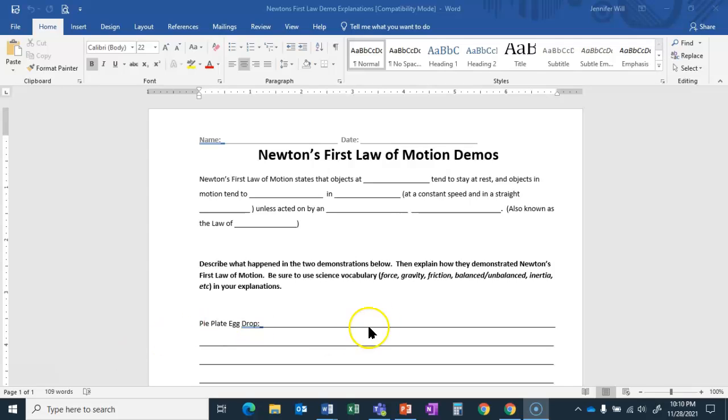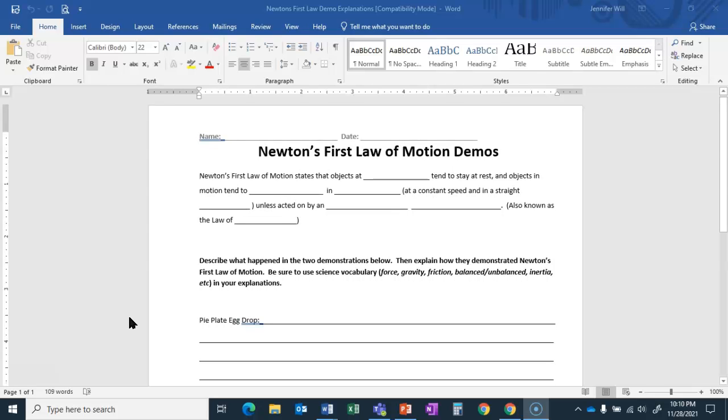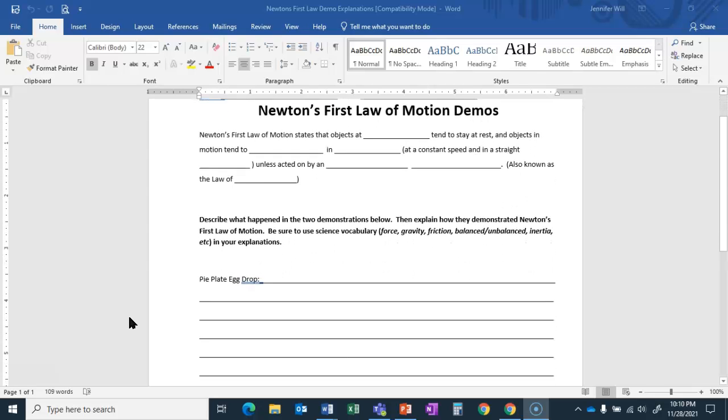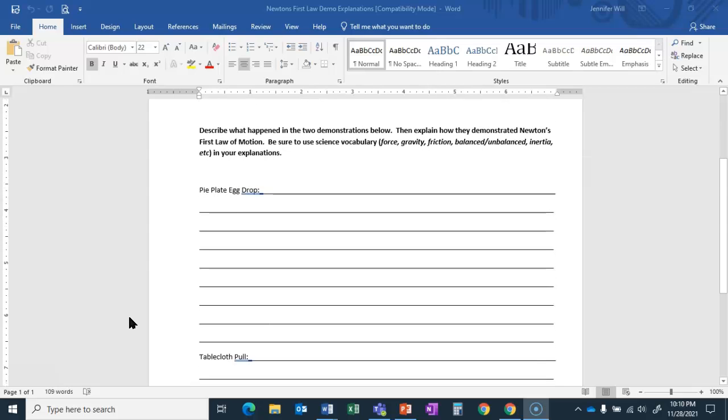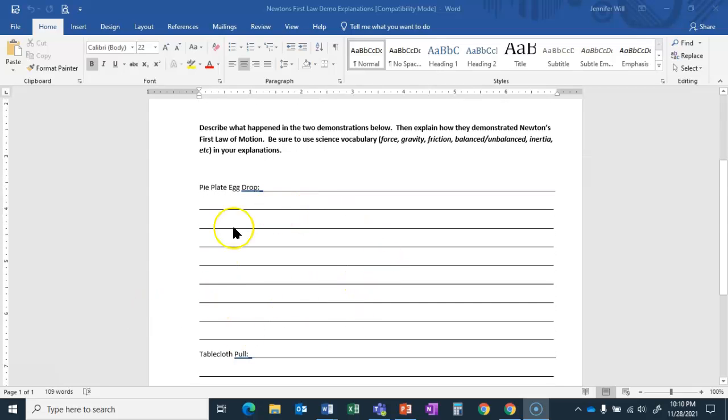And so the first one is the one that's right here on the screen called Newton's First Law of Motion Demos. And that is a paper that you received before vacation or should have. And we actually filled out the top together as well as a description of what happened in the pie plate egg drop.